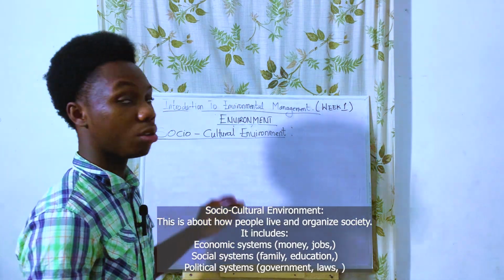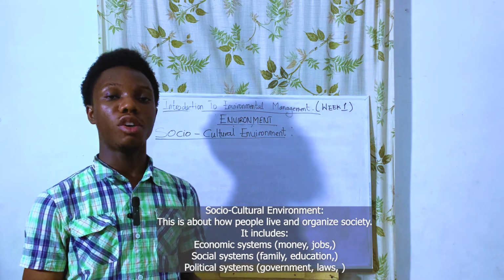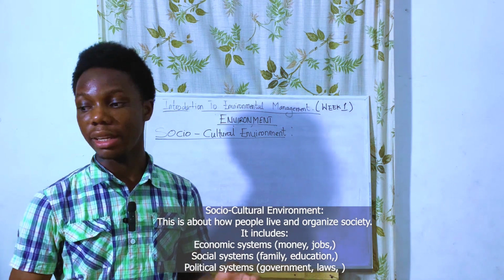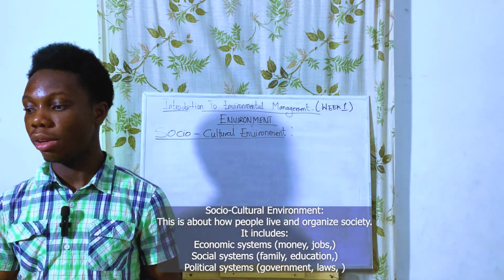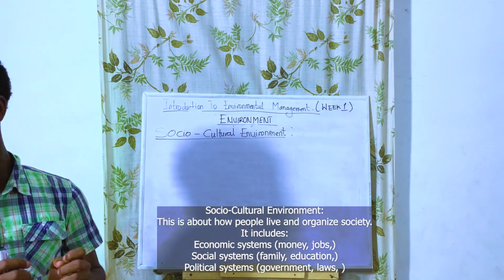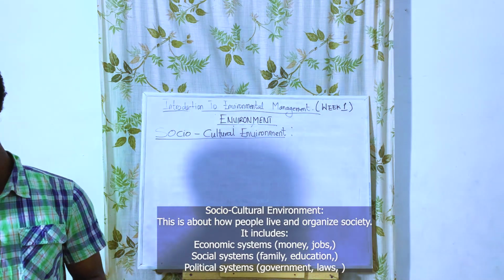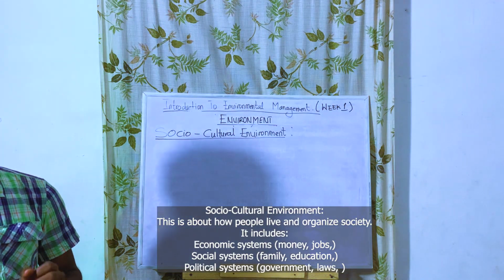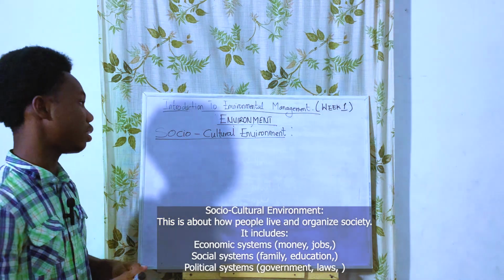Now, when we say social cultural environment, it is how people live and organize in a society. So this is how people live and organize societies, right? Over here, this includes the economic system, the social system, and the political system.